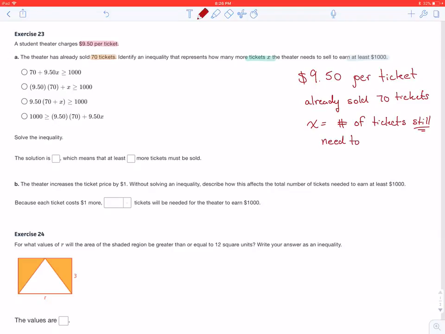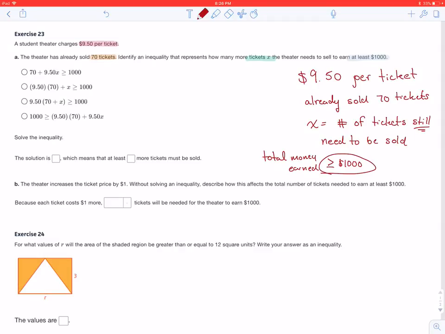And then lastly, we have a goal of getting at least $1,000. So that means we want the total money earned to either equal $1,000 or be greater than $1,000. We want at least $1,000.